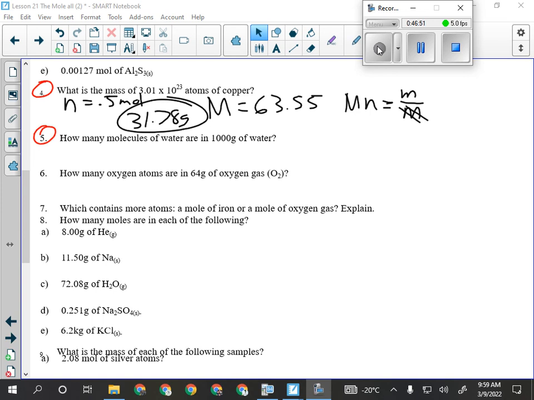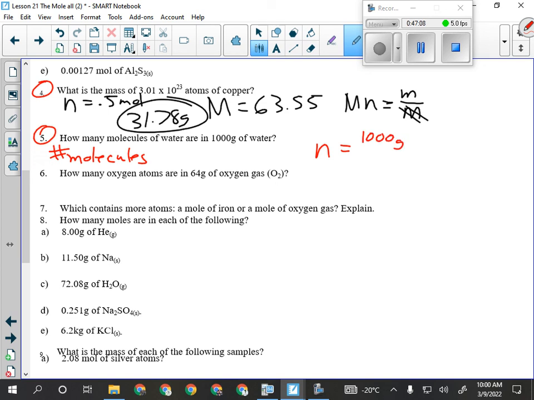All right, if I'm looking for the number of molecules, I'm going to need the number of moles and Avogadro's number, because I'm going to multiply those two numbers together. So to get n, the number of moles, I'm going to take the mass, 1,000 grams, that was told to me in the question, and divide it by the molar mass. For water, that's 18.02 grams per mole.